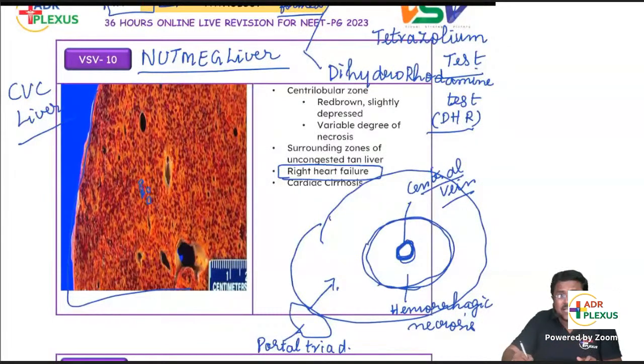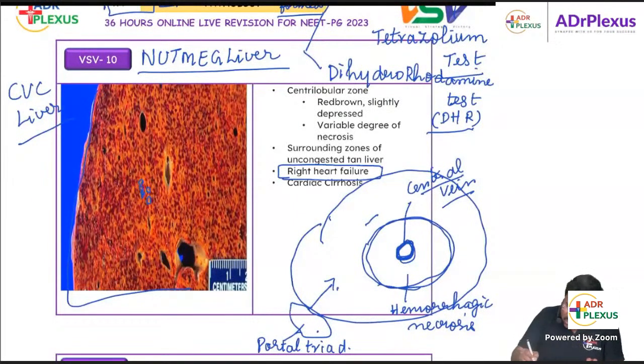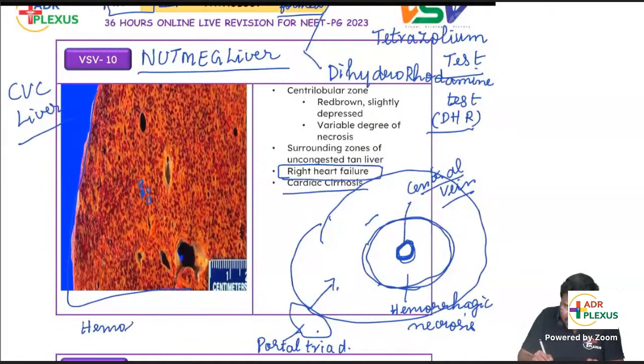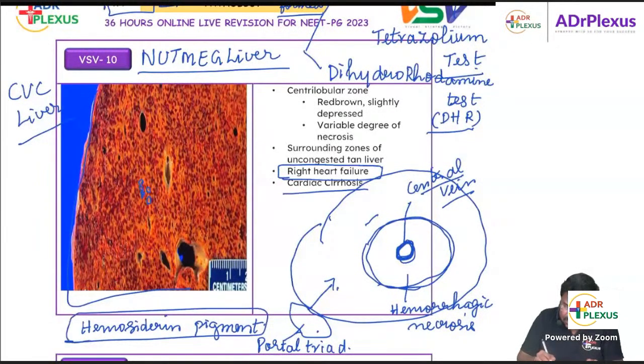But the peripheral area is viable because it is getting blood supply from the portal triad. Okay, it can also be seen in cardiac cirrhosis, and there will be deposition of hemosiderin pigment. Okay, so this is the nutmeg liver.